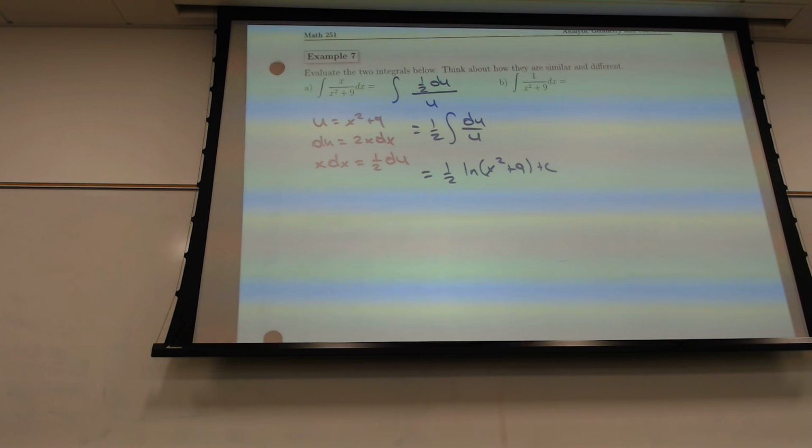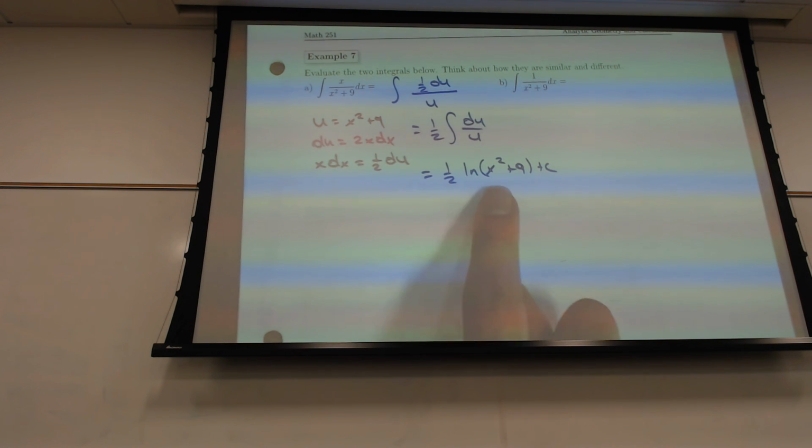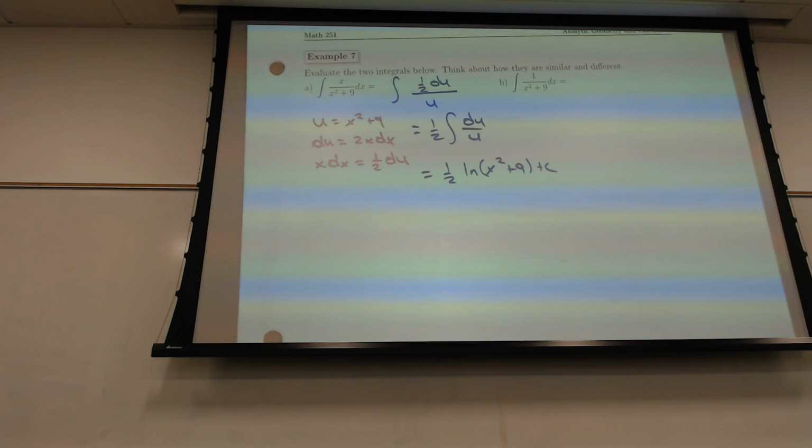Again, just one quick comment here. Whenever we integrate du over u, we should have written ln of absolute value of u. But in this case, notice I didn't write those absolute values because of the nature of x squared plus 9.